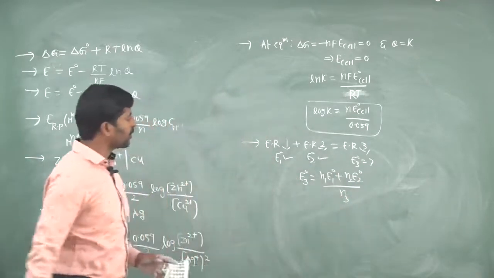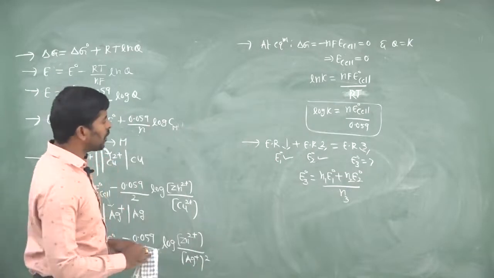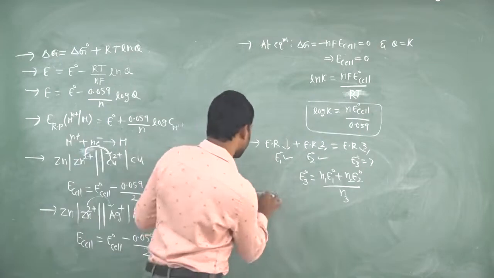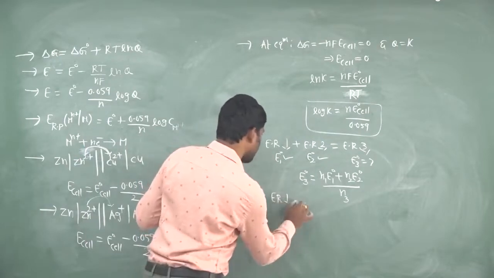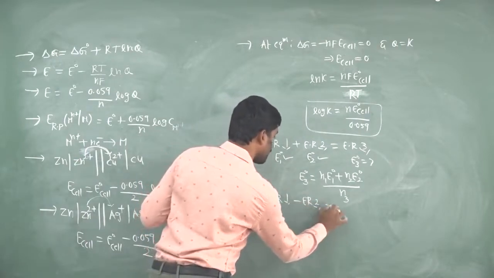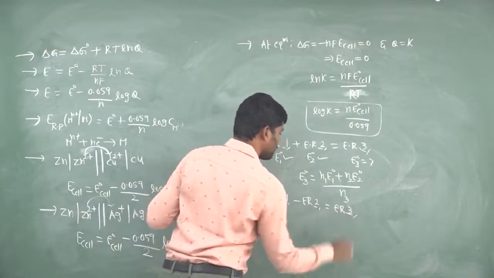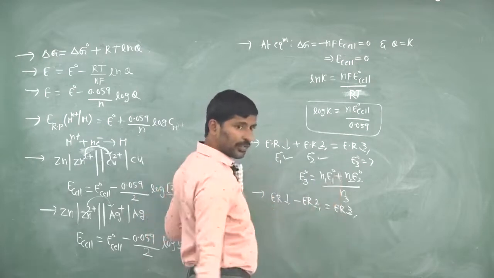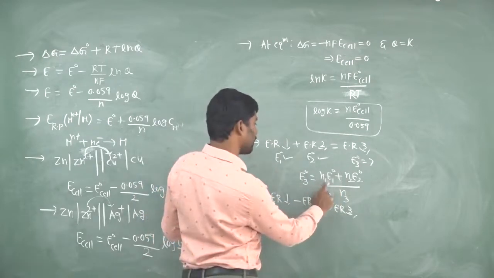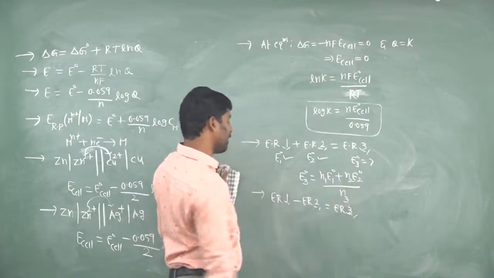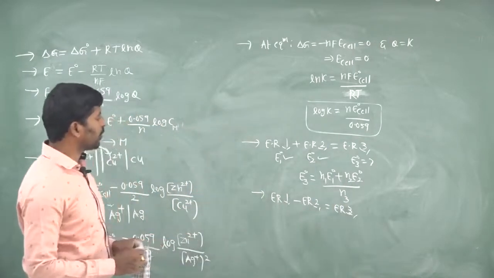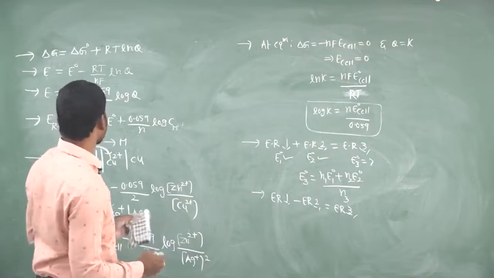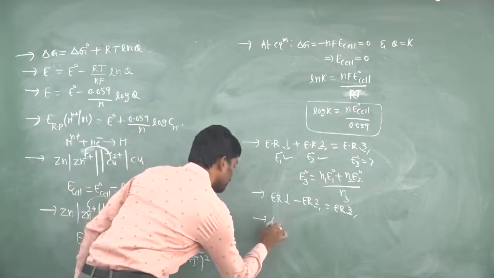If it is subtraction, electrode reaction 1 minus electrode reaction 2 gives electrode reaction 3, then E3 naught is equal to N1 E1 naught minus N2 E2 naught by N3.